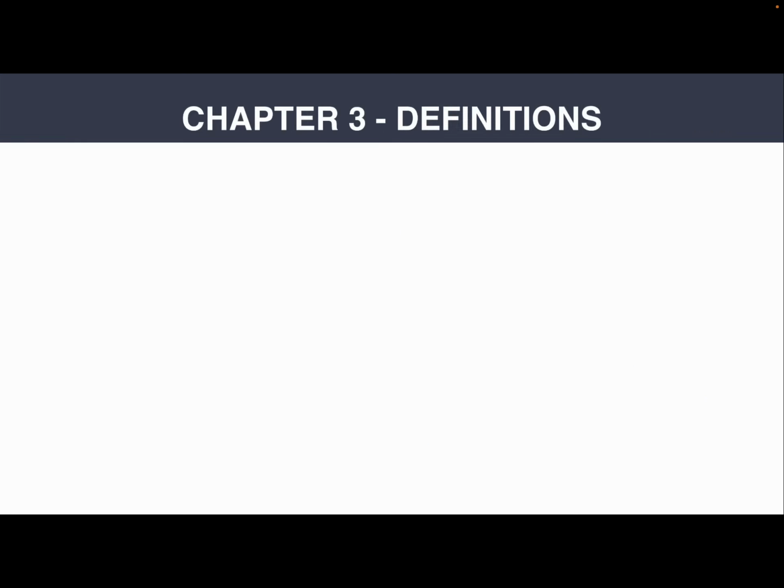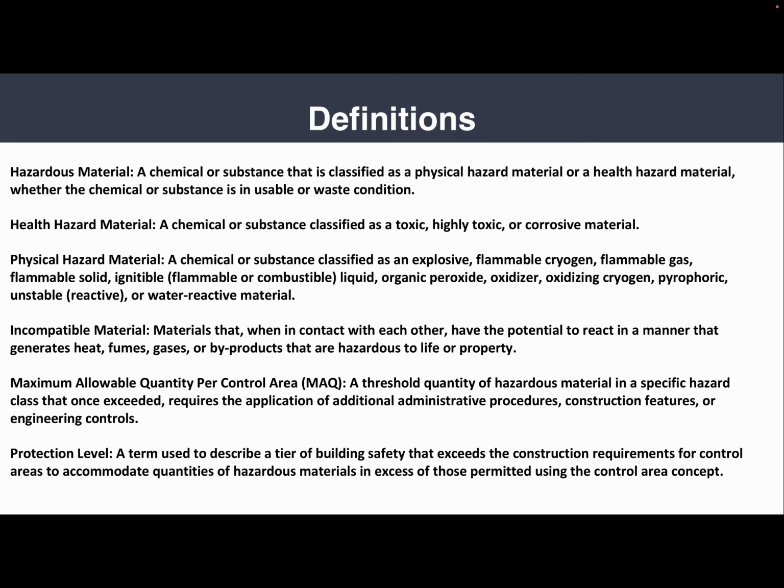And we have the key definitions in the code. First, what is a hazardous material? It's any chemical or substance that poses either a physical or a health hazard. What is a physical or a health hazard? First, a health hazard is a chemical or substance classified as toxic, highly toxic, or corrosive material.